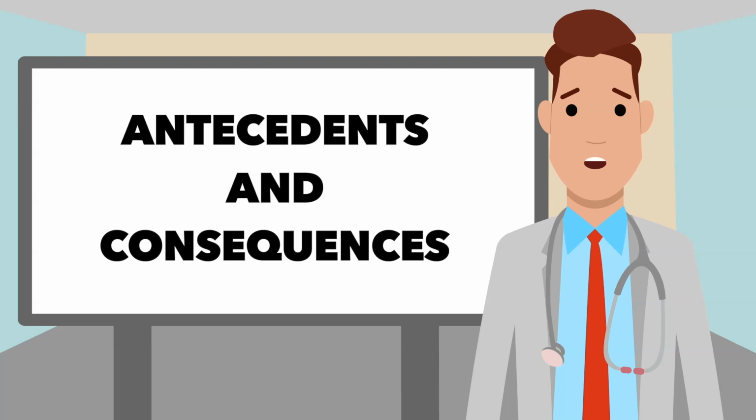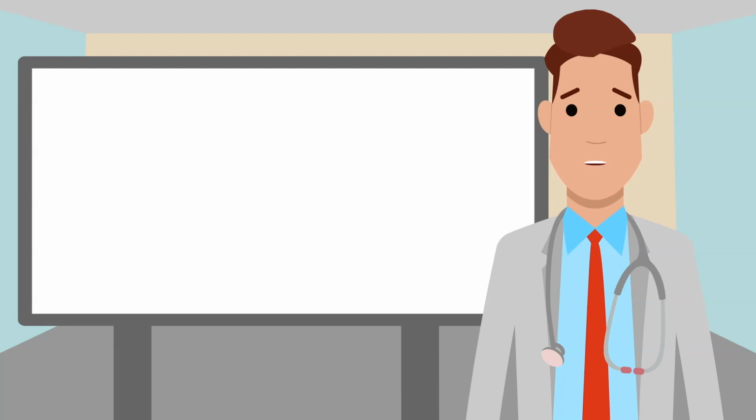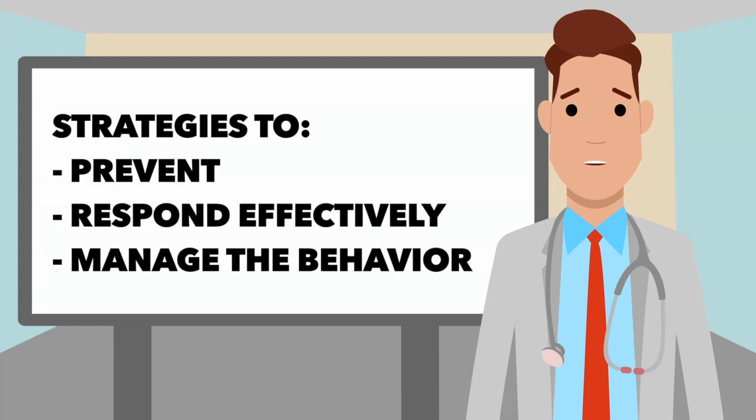An FBA is an important part of a comprehensive system of support for individuals with challenging behaviors and can be used to develop behavior intervention plans, including strategies to prevent, respond effectively, and manage the behavior when it occurs. Ultimately, FBAs allow people who interact with the individual to better understand the behavior, resulting in more positive outcomes overall.